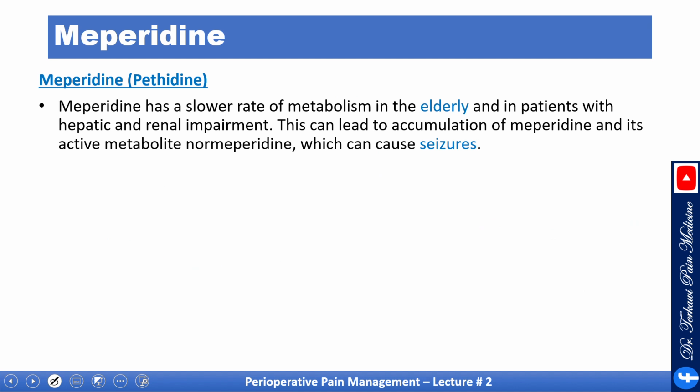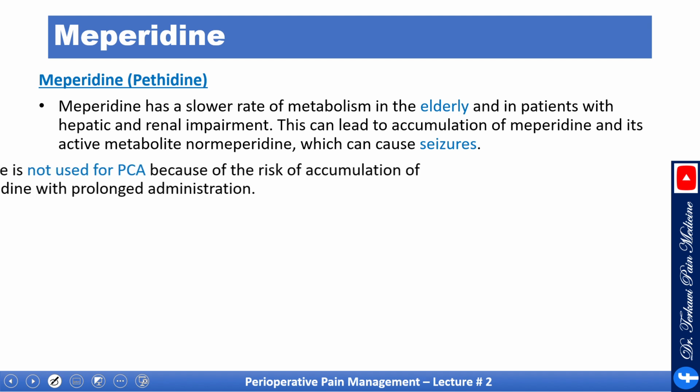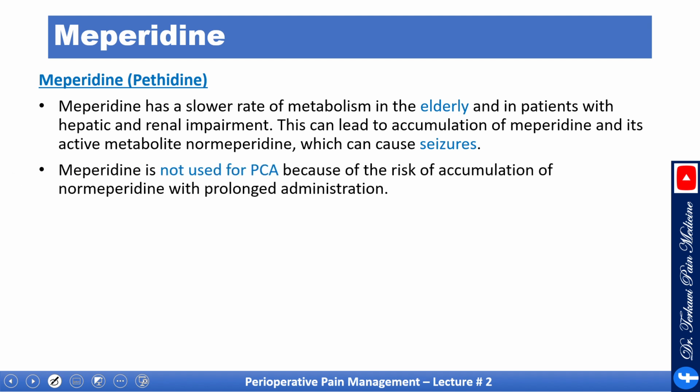Meperidine has a slower rate of metabolism in elderly and in patients with hepatic and renal impairment. This can lead to accumulation of meperidine and its active metabolite, normeperidine, which can cause seizure. Meperidine is not used for PCA because of the risk of accumulation.